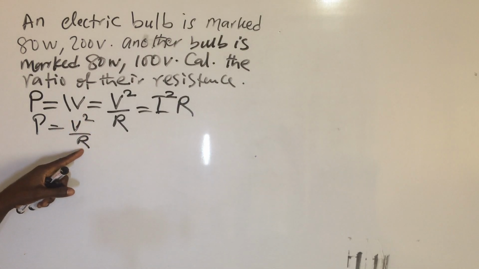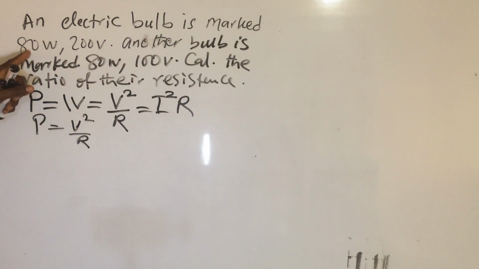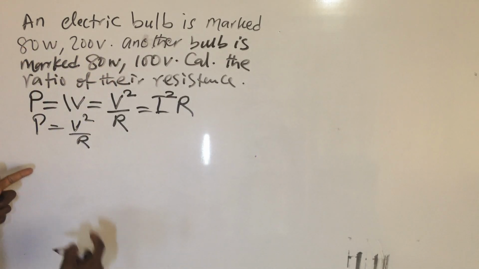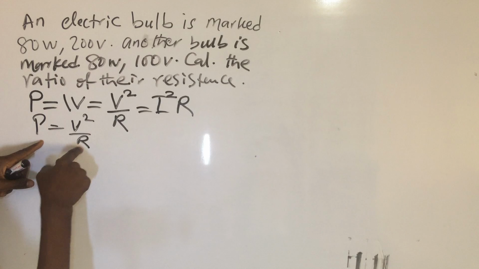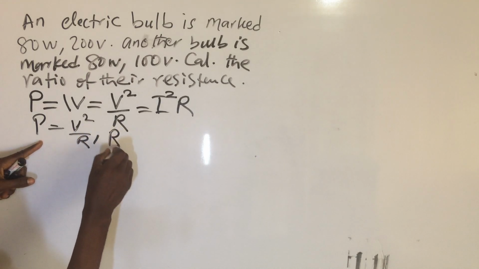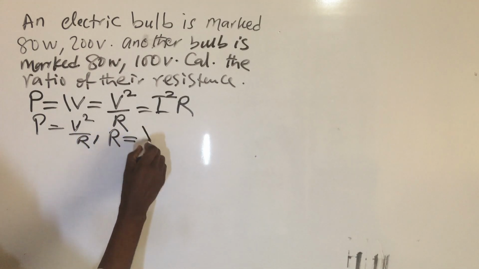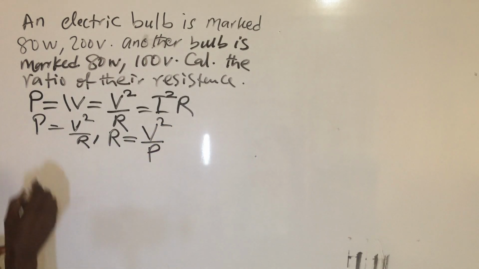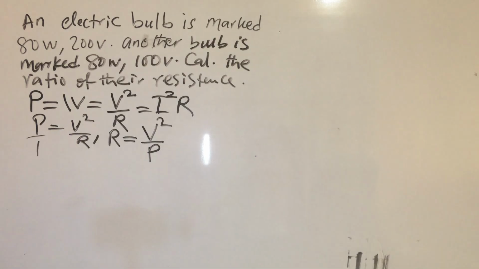And we are looking for the resistance of the first bulb, because we have two bulbs here. Now making this the subject of the formula by doing cross multiplication, we now have R equals voltage squared over P.